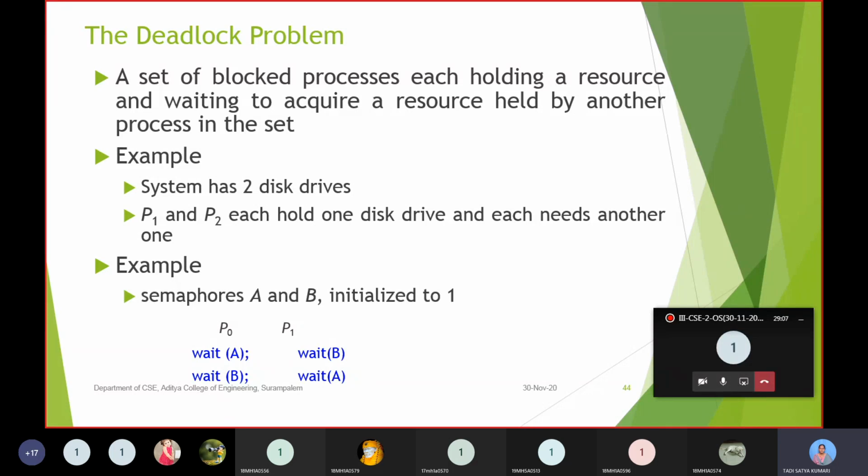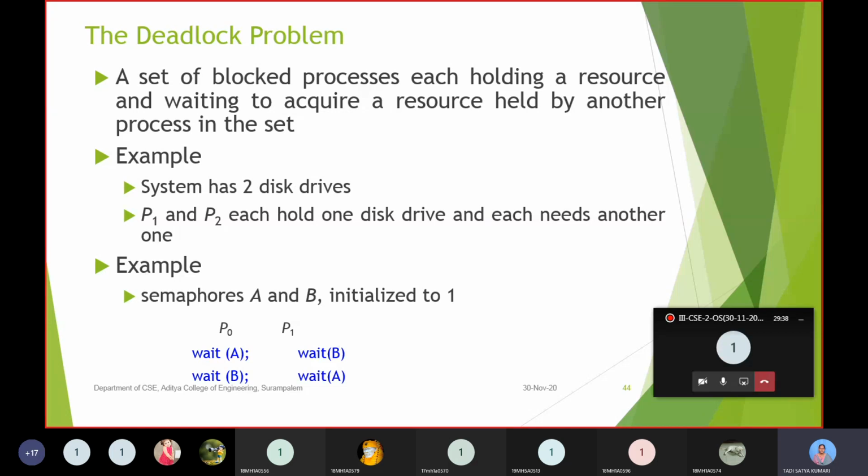There are two processes, P0 and P1, using these two semaphores for synchronization, and they are executing simultaneously. A semaphore is modified by using two operations called wait and signal. As we know, only by using these two operations can we modify the value of the semaphore.